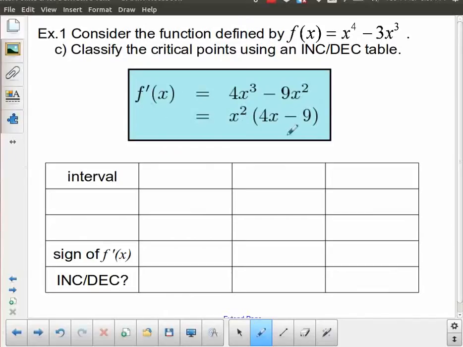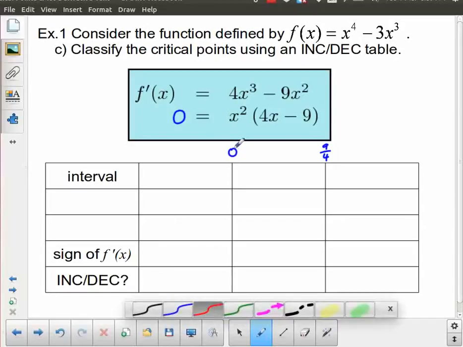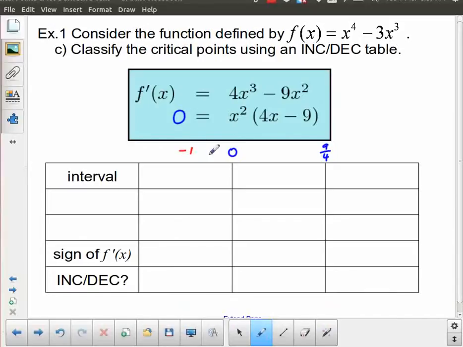We found out that we had factors or solutions at x equals 0. So if I put 0 equals here and 9 over 4, I need 3 intervals that I need to consider. So let's, for example, choose something to the left of 0, so negative 1. To the right of 0, 1 will work there.